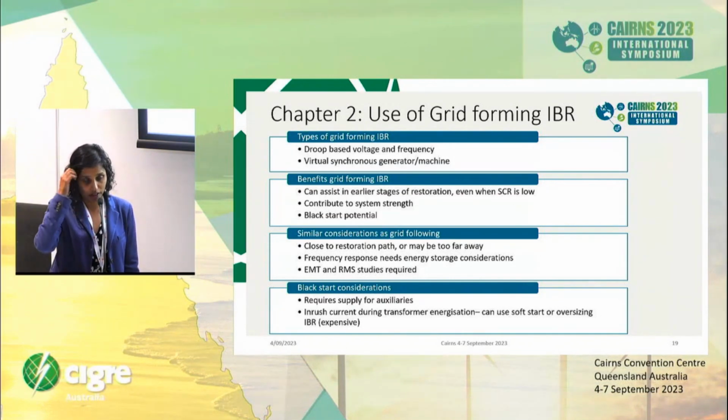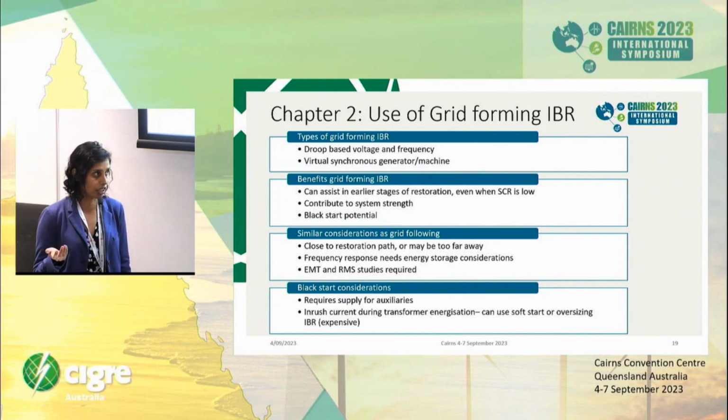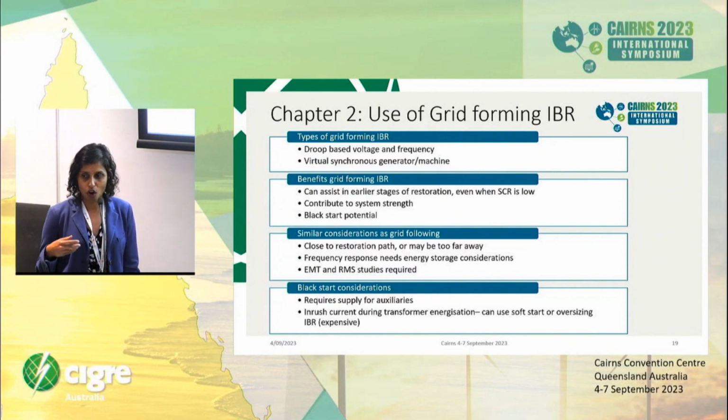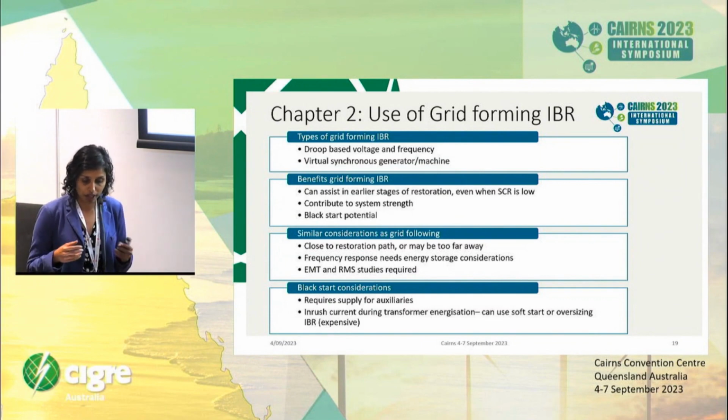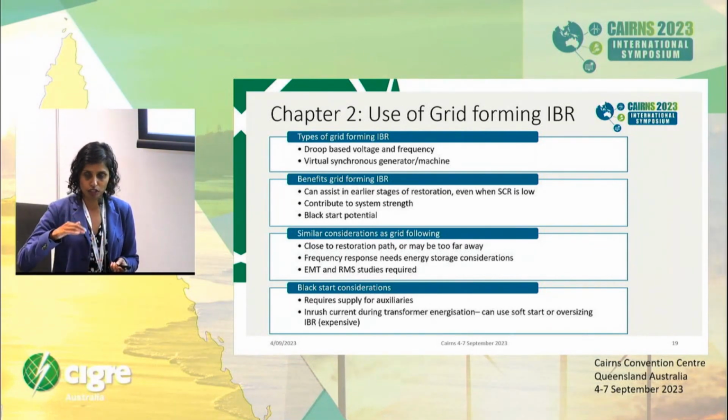Another important consideration is these inverter-based plants' withstand capability for inrush current during transformer energization. There are mechanisms by which that can be overcome, such as oversizing the inverter, which can be expensive, or other workarounds such as soft start energization, where the inverter controls slowly ramp up the voltage to minimize that inrush current.